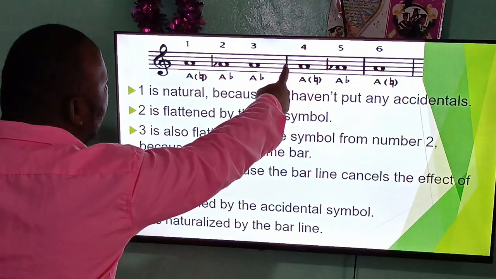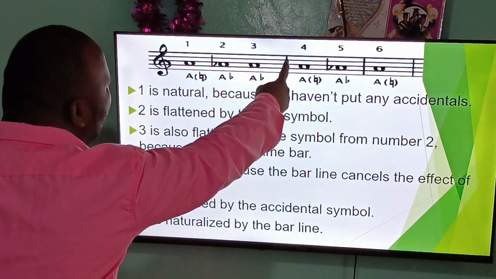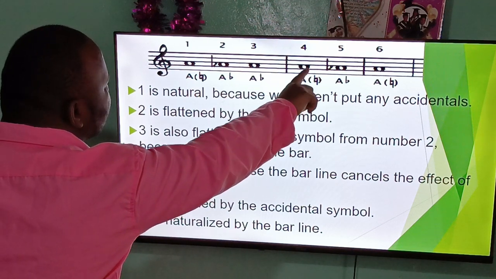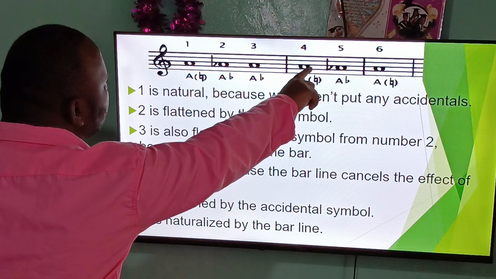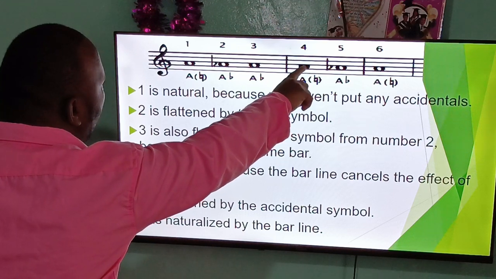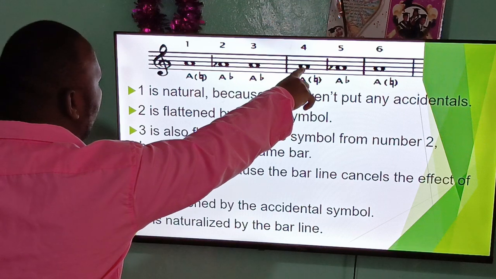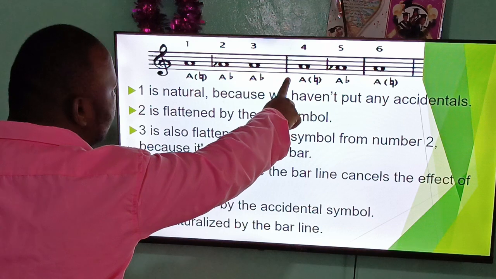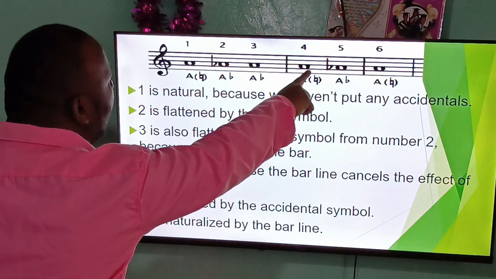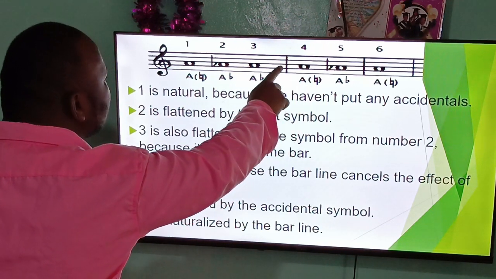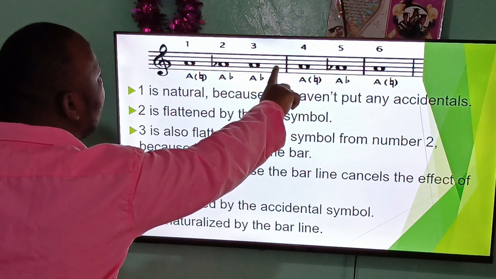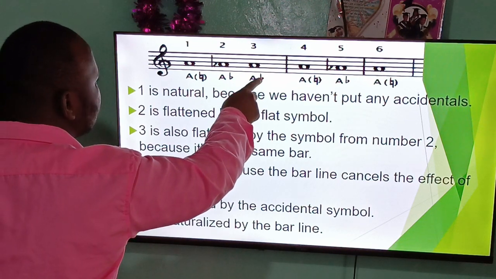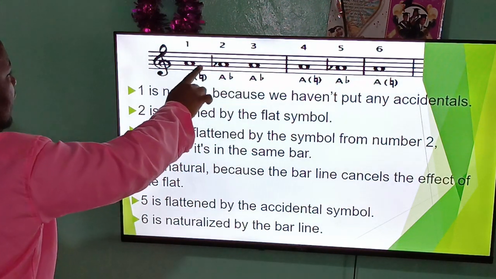But if we put a bar line here, it means that the subsequent note is in the same space as this one, and the flat has been cancelled, so the subsequent note will be read as A natural. But if we add another note here, we have a good example, by the way.